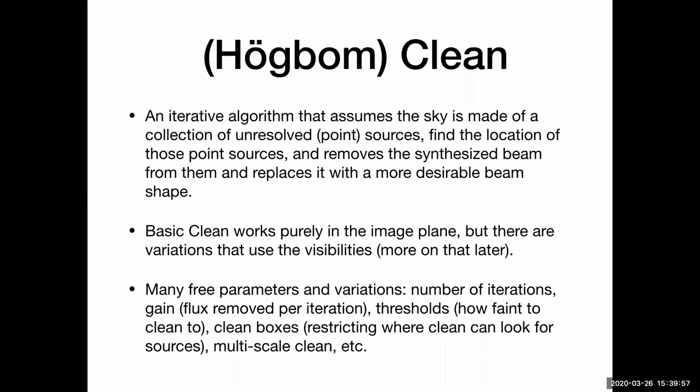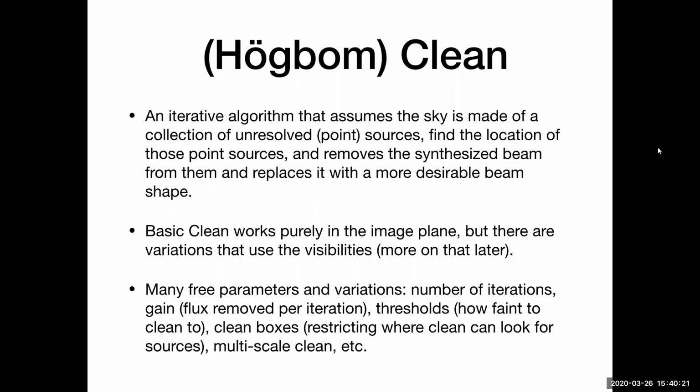So CLEAN, and in particular, starting with the traditional CLEAN, which is the Högbom CLEAN. I don't know if I'm pronouncing that right, but this is from 1974. Högbom CLEAN is an iterative algorithm, and the key assumption is that the sky is made of a collection of unresolved sources.